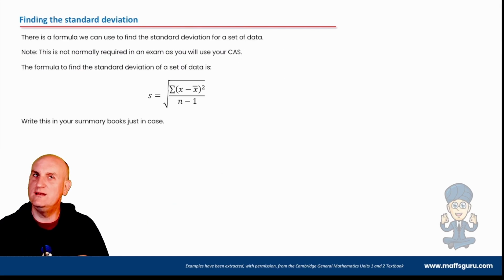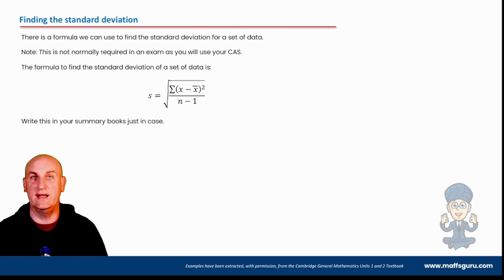How do we work out a standard deviation? Well, if I was being really horrible to you, then basically I'd make you do it by hand. And I'm going to show you one example of being able to do it by hand, just so that you know how lucky you are that you're going to be able to do it with your CAS. But normally you would do it on your CAS. But the formula states the standard deviation is equal to the square root of the sum of (x minus x bar) all squared, divided by n minus 1.